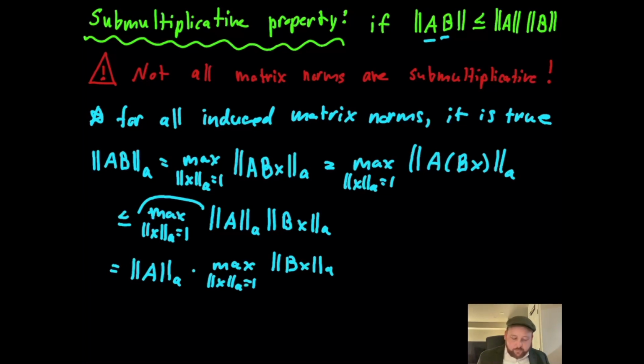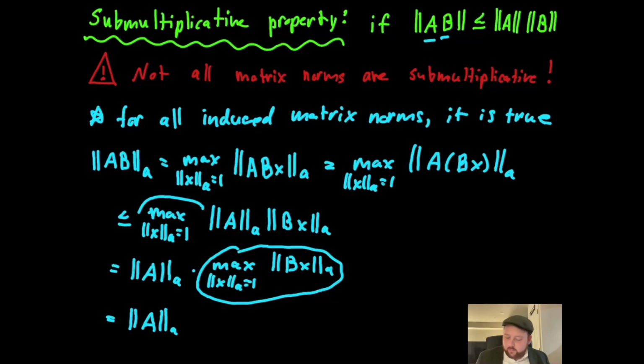This last part is just the definition of the induced matrix norm of B, so this is equal to the induced A norm of A times the induced A norm of B. That proves why all induced matrix norms are submultiplicative.